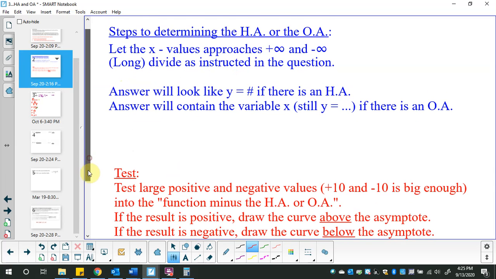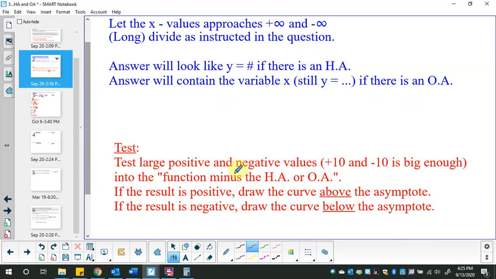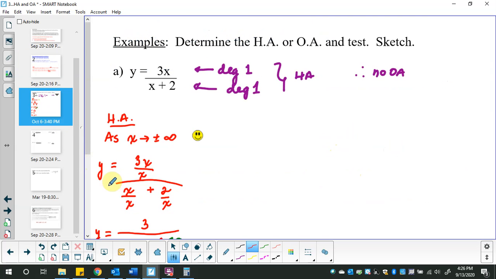So now I can go on and perform the tests, and then I'll show you how to graph or sketch it. So I'm going to pick negative 10 and 10, so I'm going to keep my left on my left and my right on my right. So these are x values. And I'm going to substitute them into the original equation minus 3, because 3 is the equation of the horizontal asymptote in this question. So I'm doing the test.